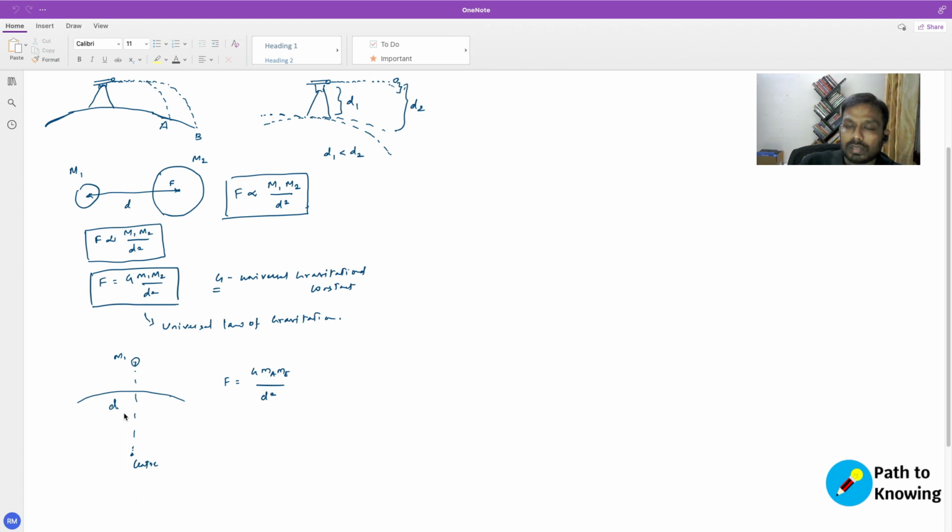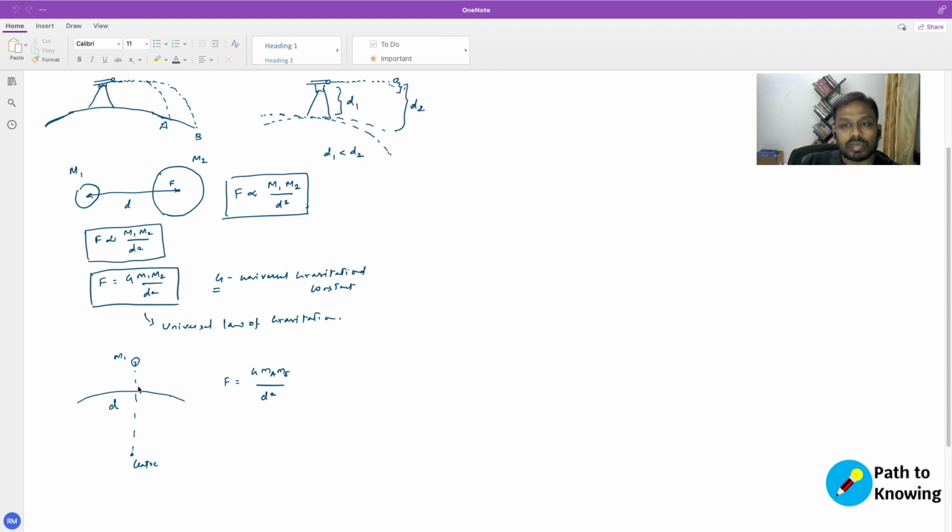So it is this force that is acting on the apple, and the force is acting on both, right? It's not just that the apple is falling on the Earth. The Earth is also falling on the apple. Just that the apple's mass is less, so that is why the apple ends up moving towards the Earth.